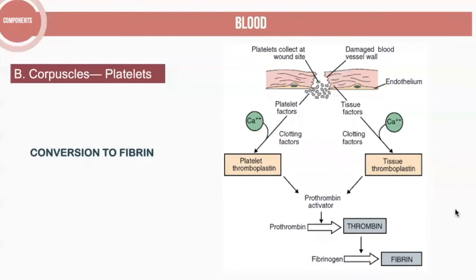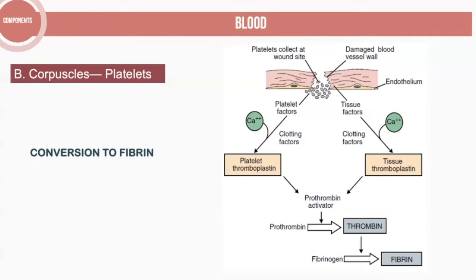We've established that fibrin, the protein produced by platelets, plays a vital role in the clotting process. However, a cascade of events must first take place before it can perform its function. In an open wound, platelets rapidly adhere to the damaged vessel and release platelet thromboplastin and tissue thromboplastin.